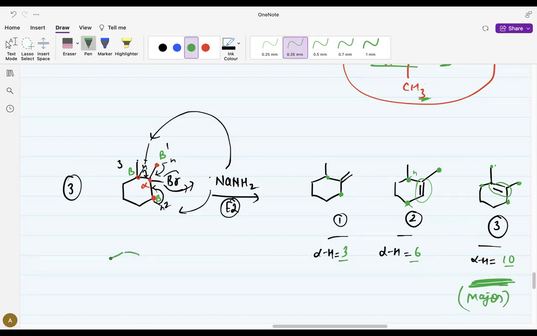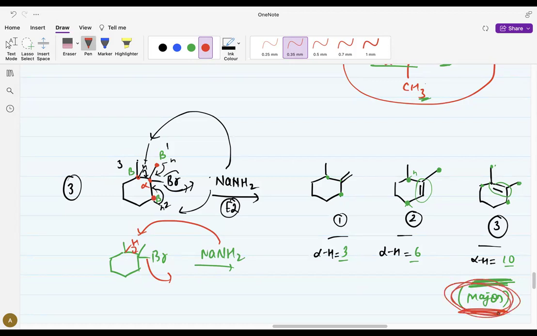This means if I have this bromine here and this NaNH2, this base will go and take the hydrogen from where? This base will go and take this hydrogen to make the alkene here, our third product, which is our major product.